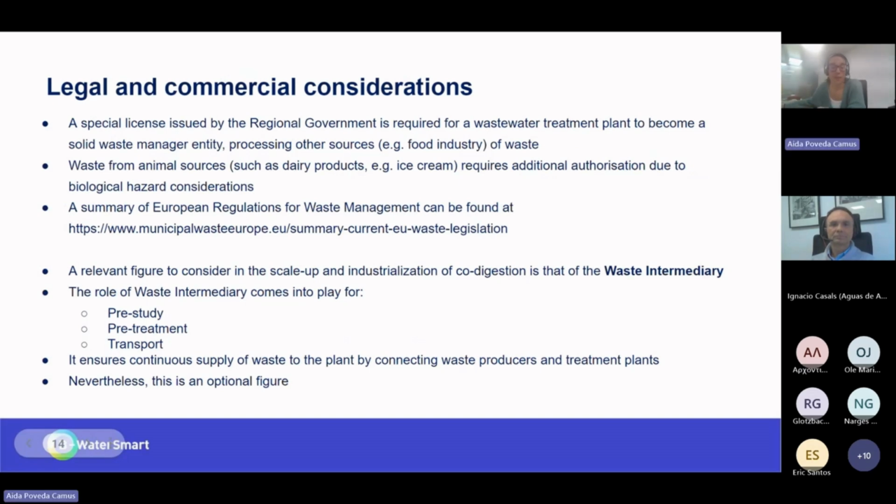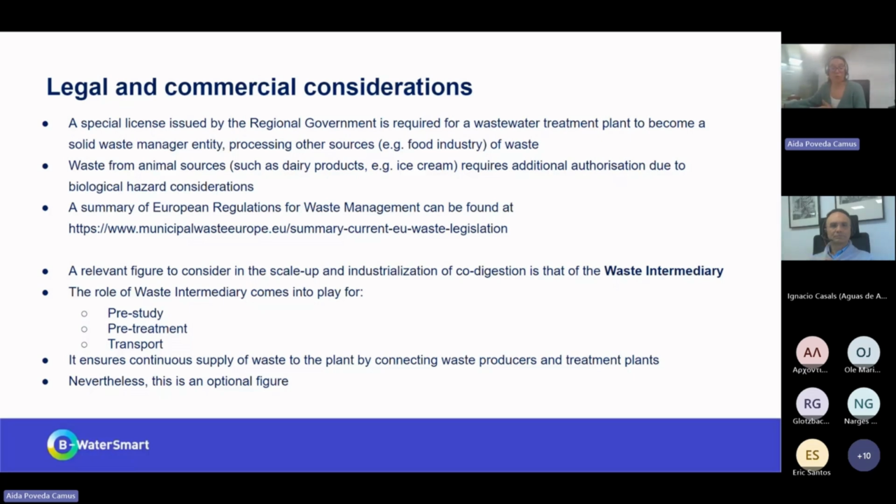And now, speaking about legal and commercial considerations, a special license used by the regional government is required for a wastewater treatment plant to become a solid waste manager entity, processing other sources of waste. In addition, waste from animal sources requires additional authorization due to biological hazard consideration.